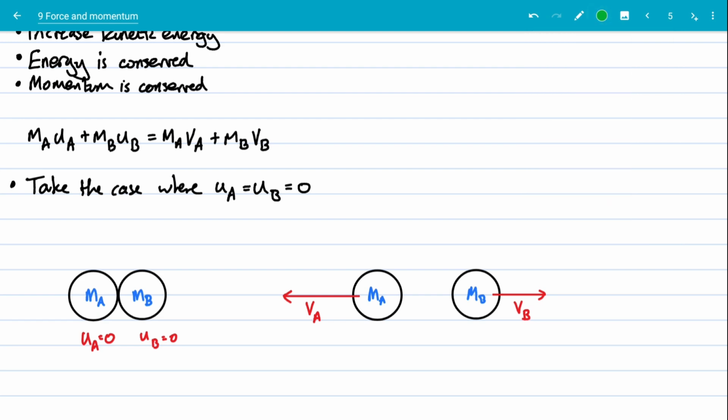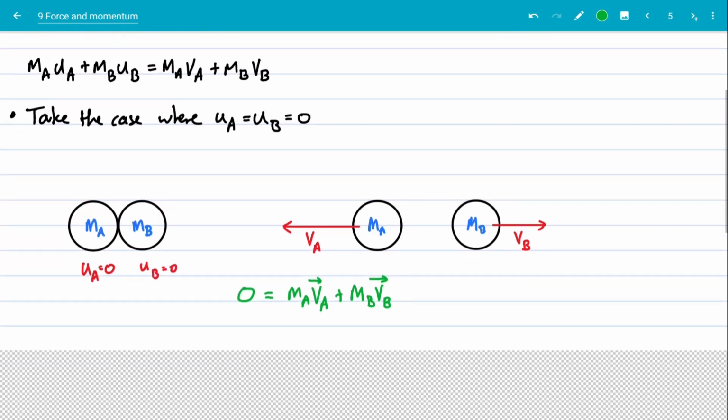So we could say that 0, the initial momentum, is equal to ma va plus mb vb, but that's only if we consider our velocities as vectors.